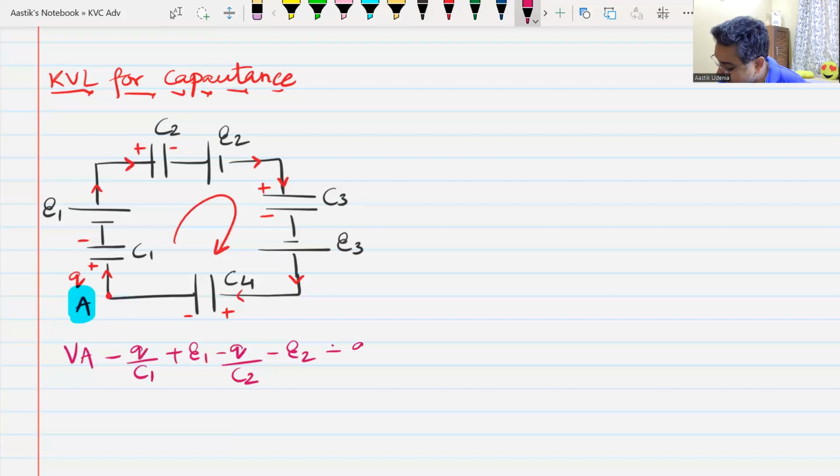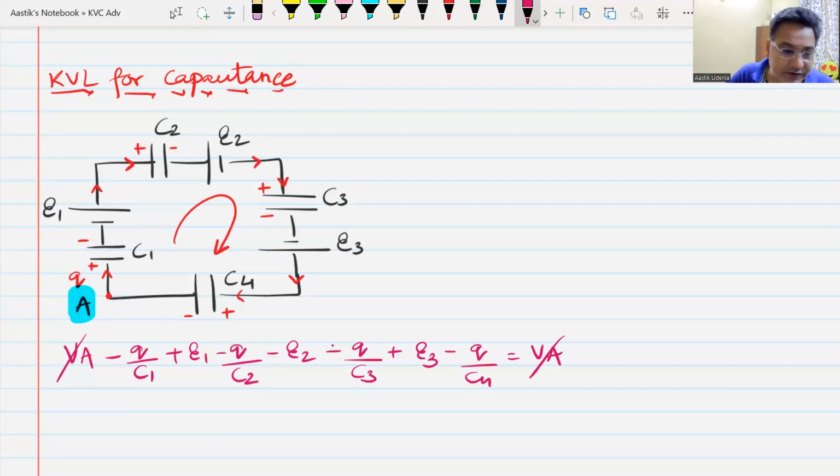Negative. Then I move across the battery, then across the capacitor and I come to the same point. From here, I should be able to calculate the value of the charge Q. Yes or no? Yes, sir. I give you 2 minutes to note this down.